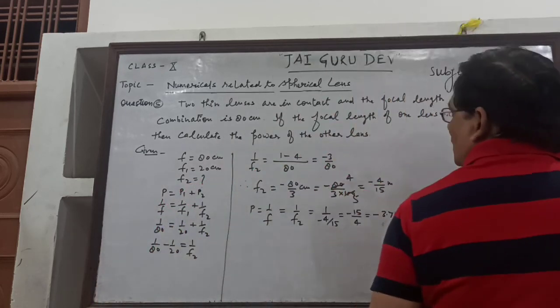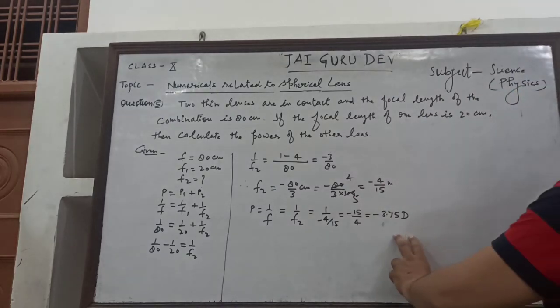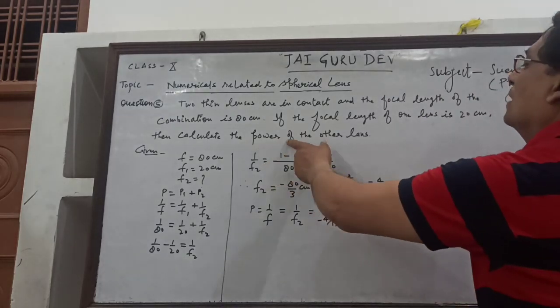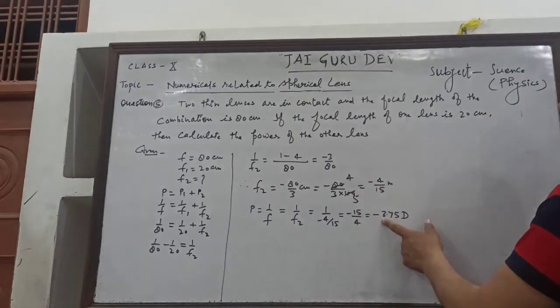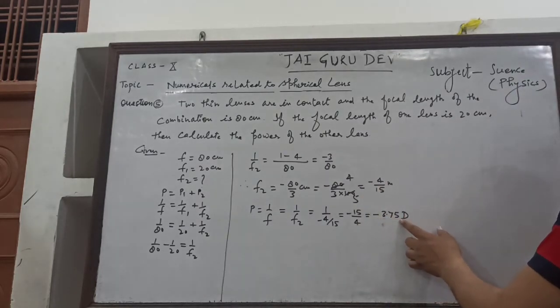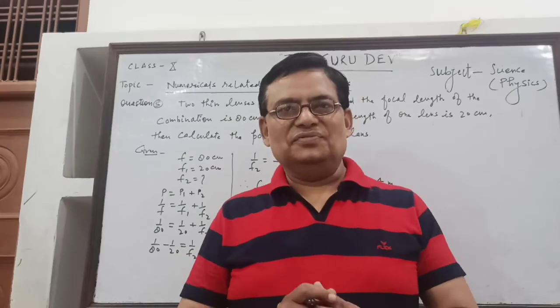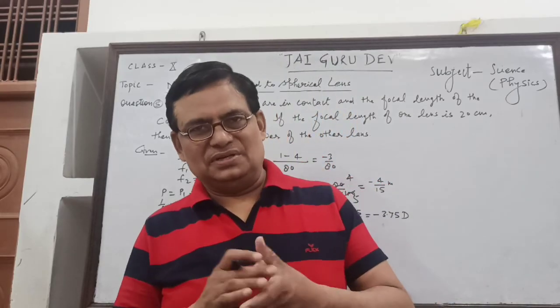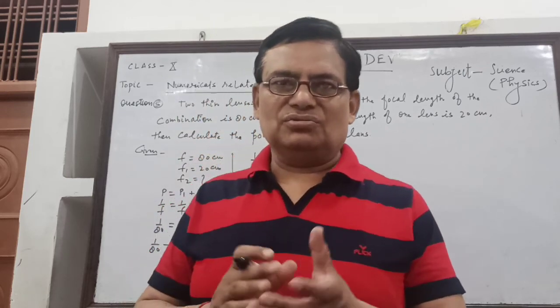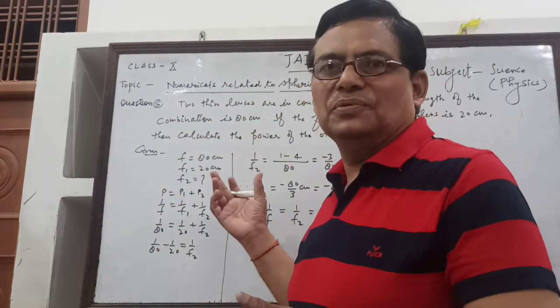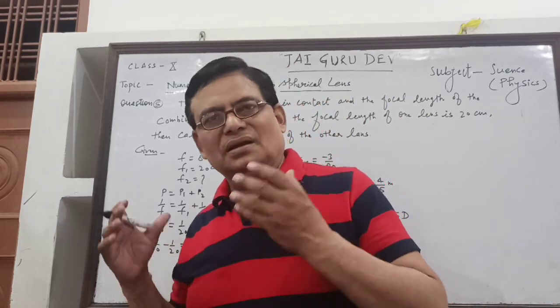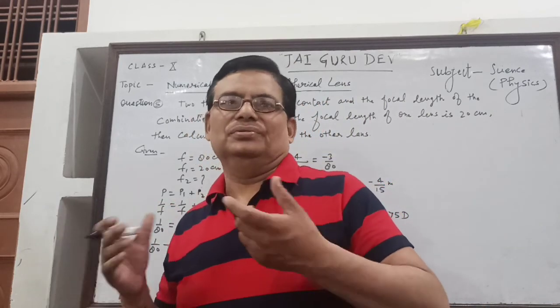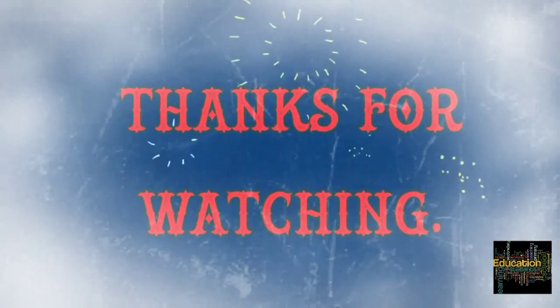So your answer is the value of power of other lens is minus 3.75 D or diopter. Thus we expect from your side that these questions will help you in solving the NCERT questions also. Thanks.